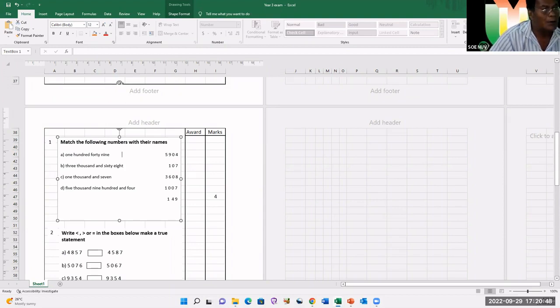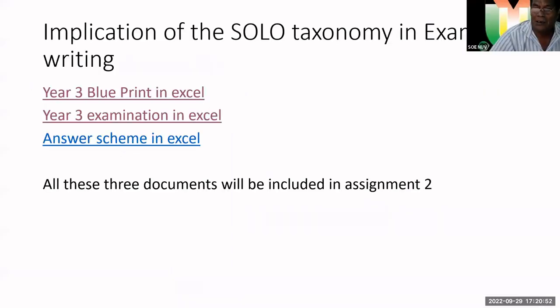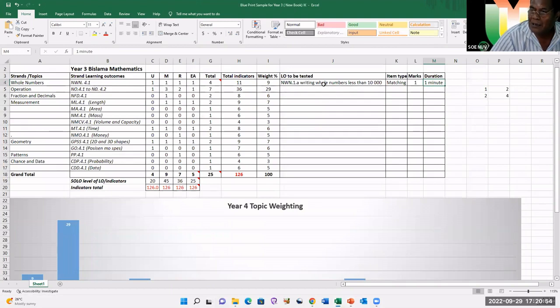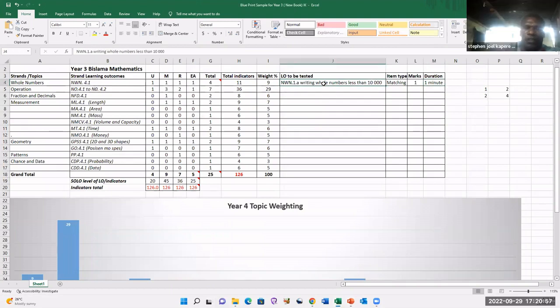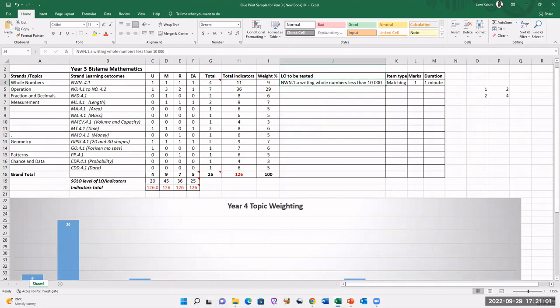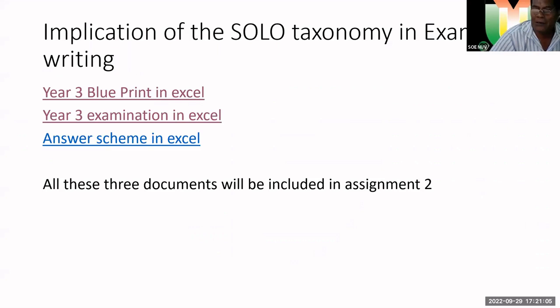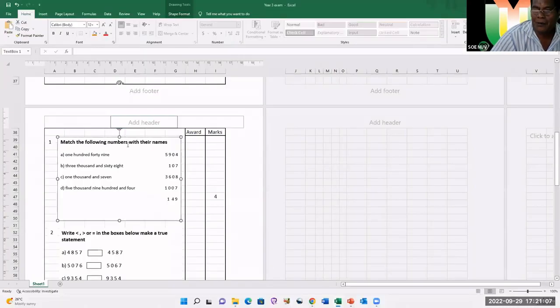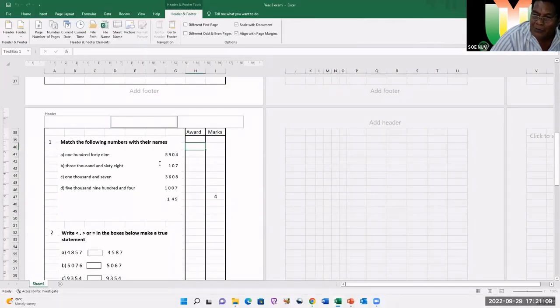Item 1 is on all numbers less than 10,000.